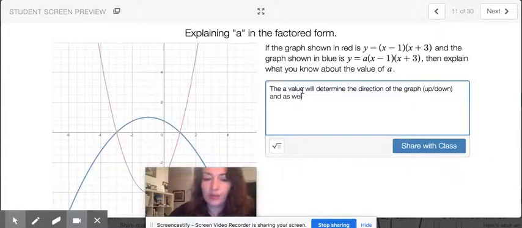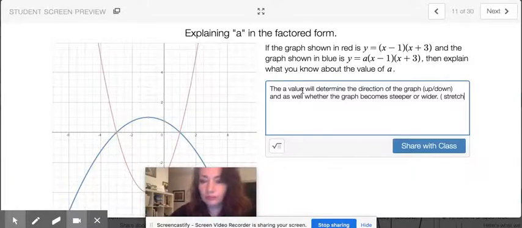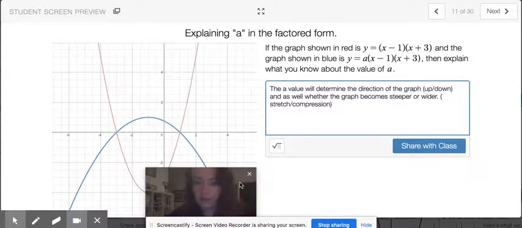And as well, whether the graph becomes steeper or wider. So we call that a stretch or a compression. So those are the two things the a value does.